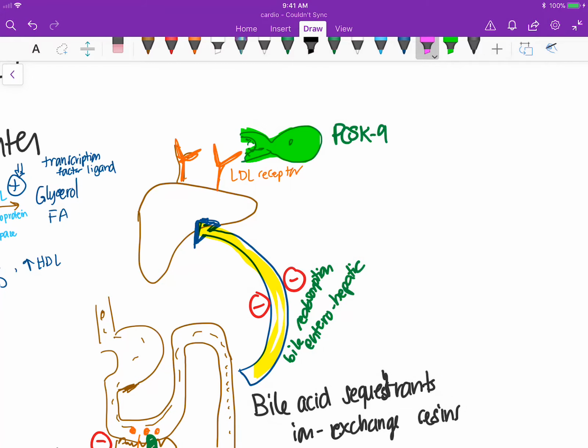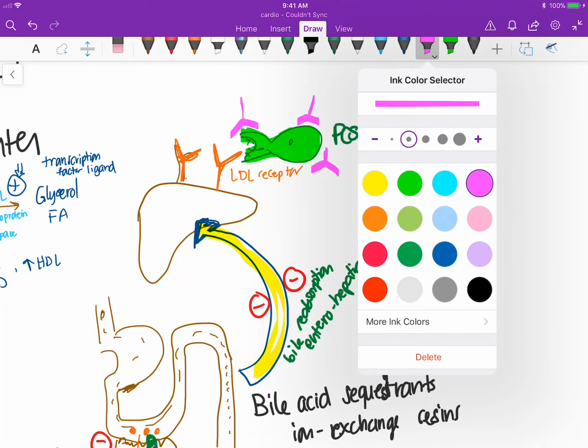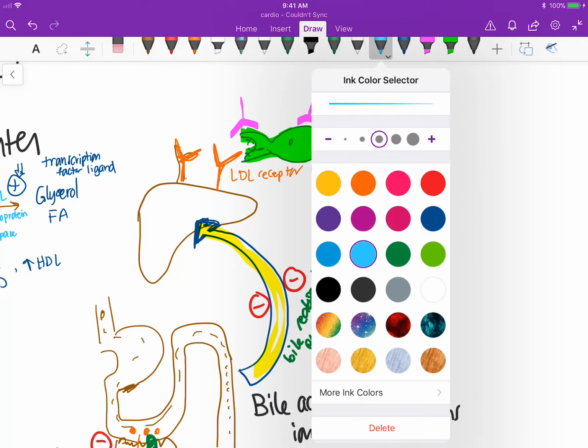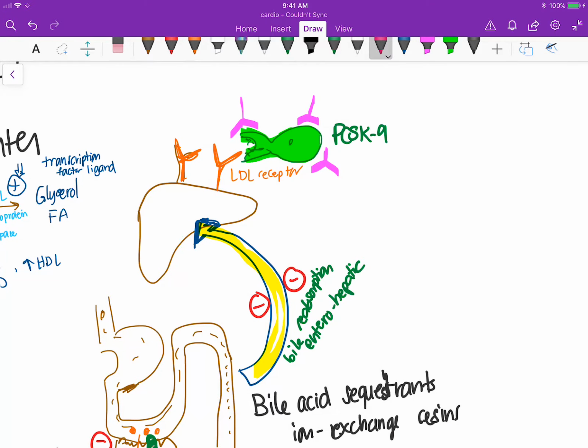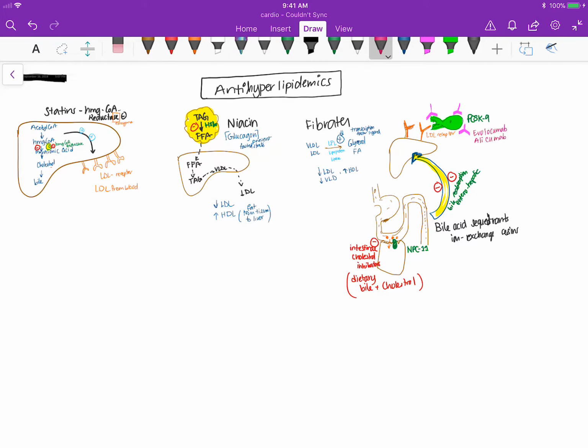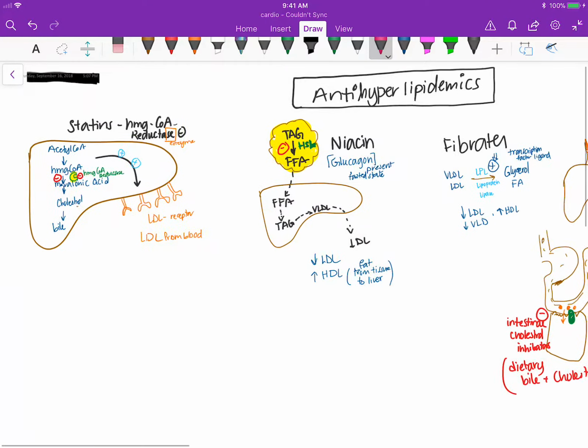So those drugs are antibodies. So they come and they attack this guy. And these are antibodies. They're called evolocumab and alirocumab.